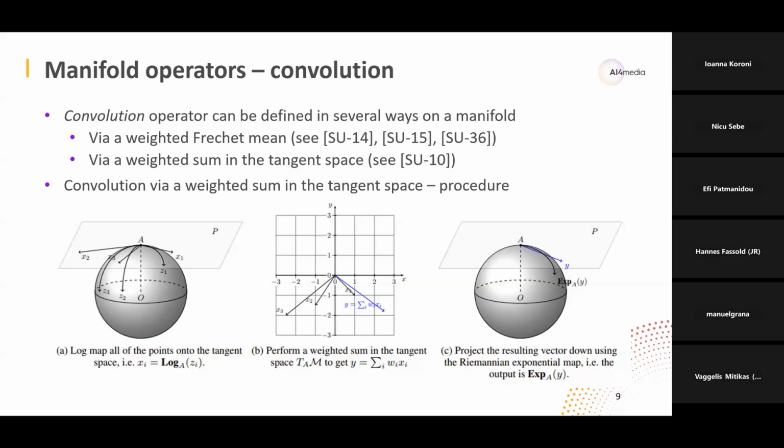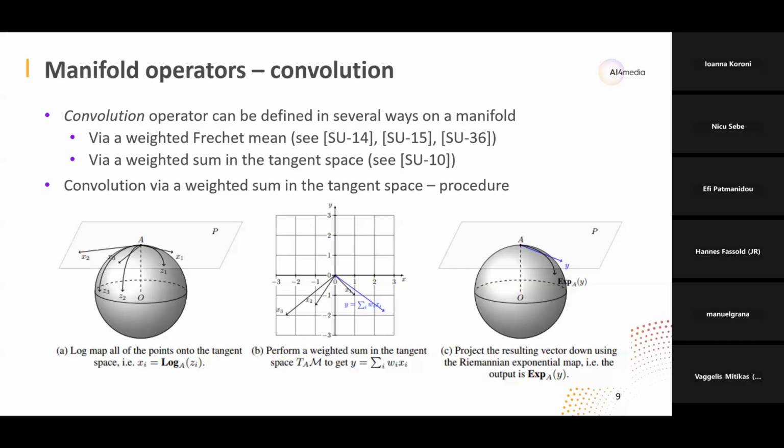And then in the tangent space, this is a normal vector space, so you can do a normal weighted sum. After that, you have the mean point as a vector in the tangent space. And then you're just projecting this mean vector in the tangent space down to the manifold, of course, via the exponential map. So these are the two possible generalizations.